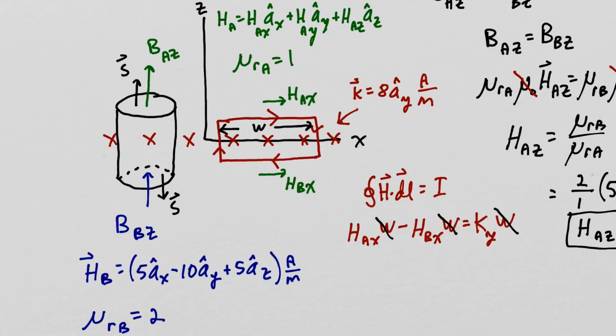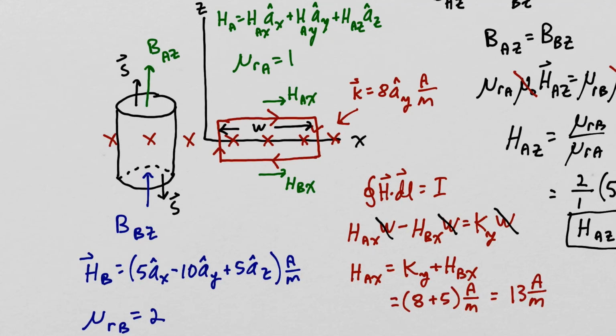So H sub Ax is going to equal K sub y plus H sub bx. Now let's substitute in our values for K sub y and for H sub bx. So H sub Ax will be 13 amps per meter.